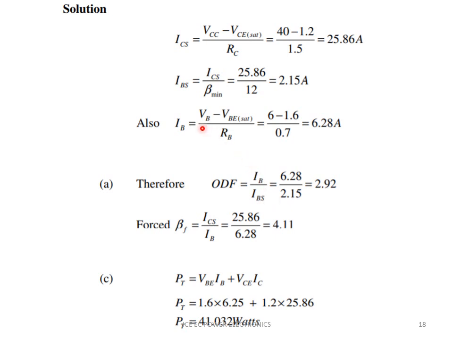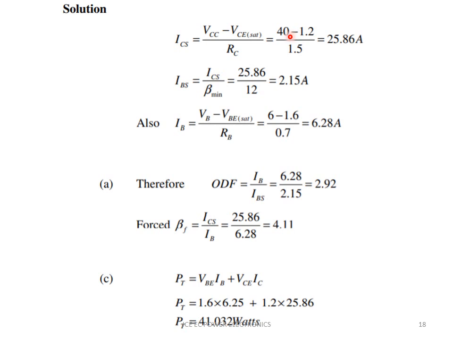To find IB, I will use this formula: (VB minus VBE sat) upon RB. I know VB, I know VBE sat, and RB is also given to you, so I can calculate IB. Then to calculate IBS, use beta minimum, that is ICS upon beta minimum. ICS I don't know, but beta minimum is 12. Calculate ICS using (VCC minus VCE sat) upon RC.